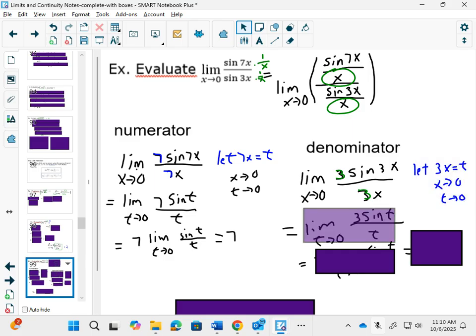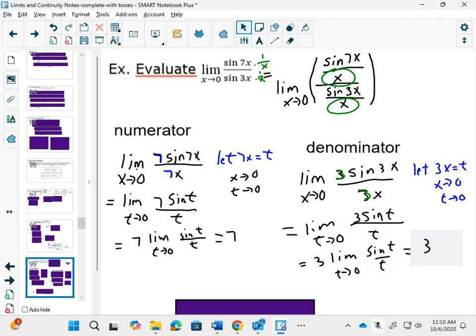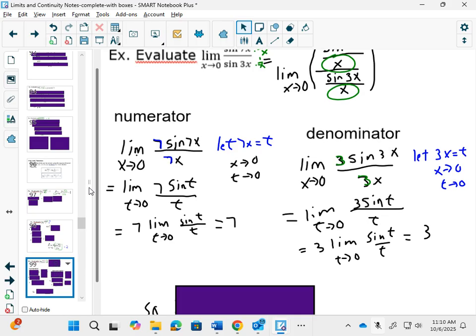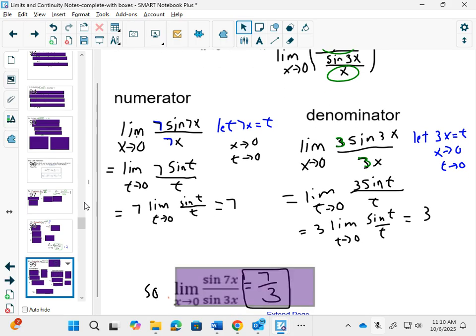We can do the substitutions as well. And the denominator is going to go towards 3. Which means this entire thing is going to approach 7/3.